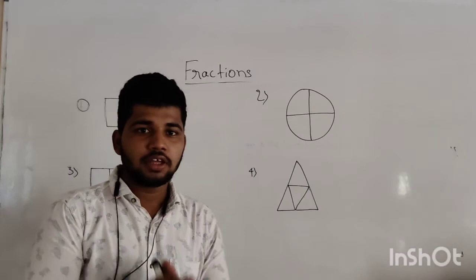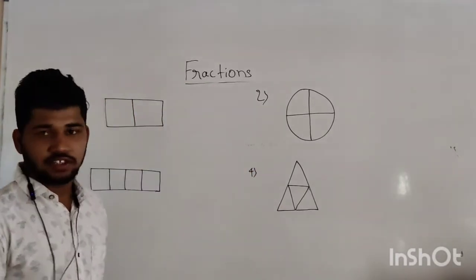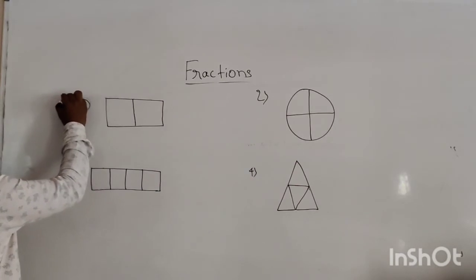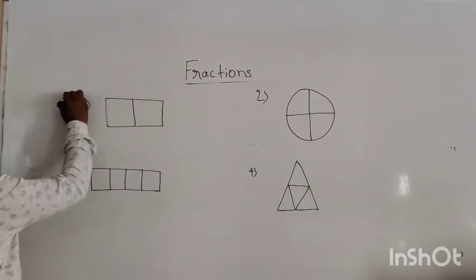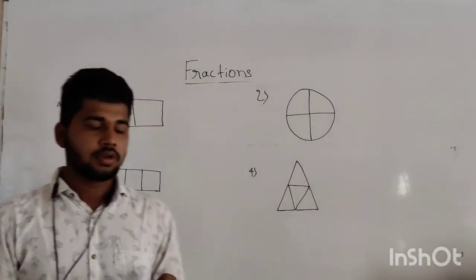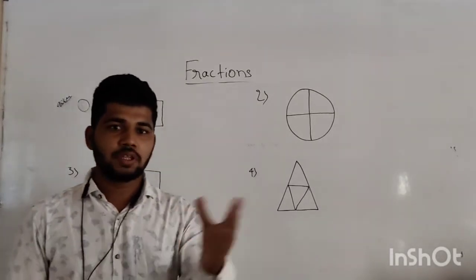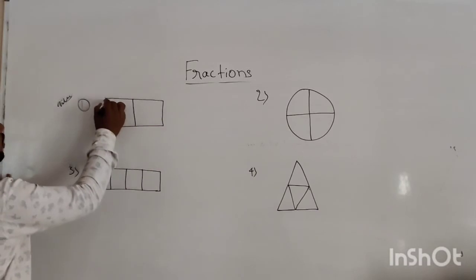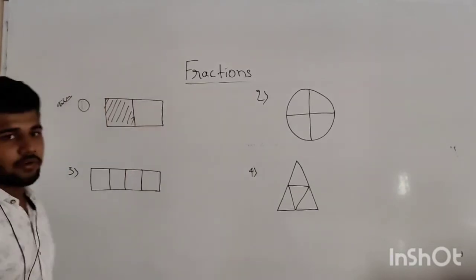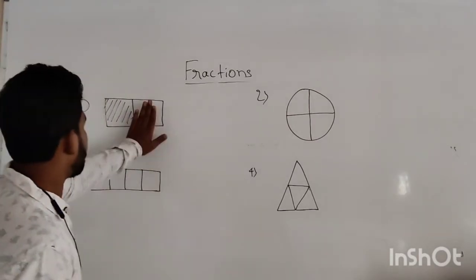Now we can look at some examples for fractions. First question: one chocolate is present. For example, your brother eats one part of the chocolate. What is the remaining part? One part.